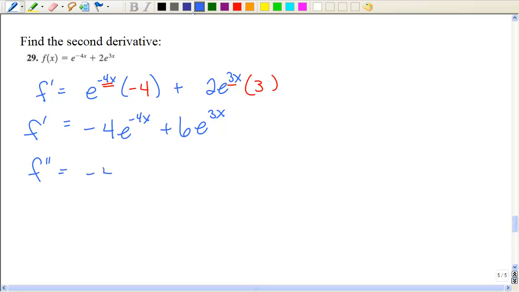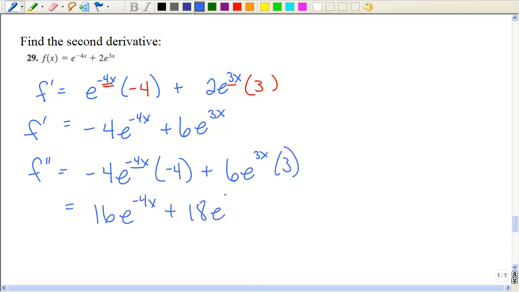Second derivative, let's go through the same thing. Original function times the derivative of the exponent. Sometimes taking the derivative of the exponential function is so easy, it's hard because you're like, did I take the derivative? And yeah, you did.